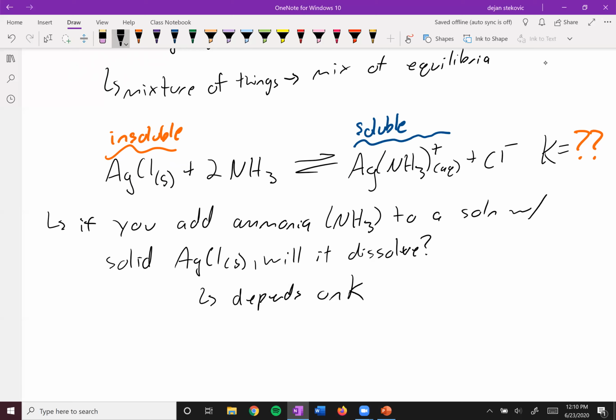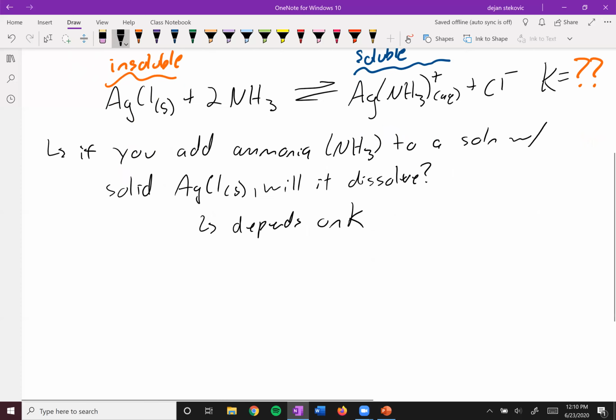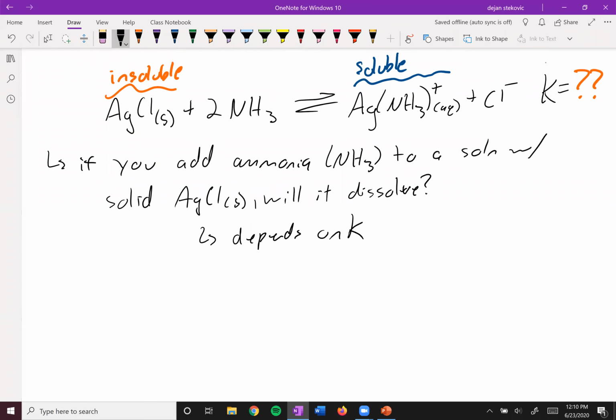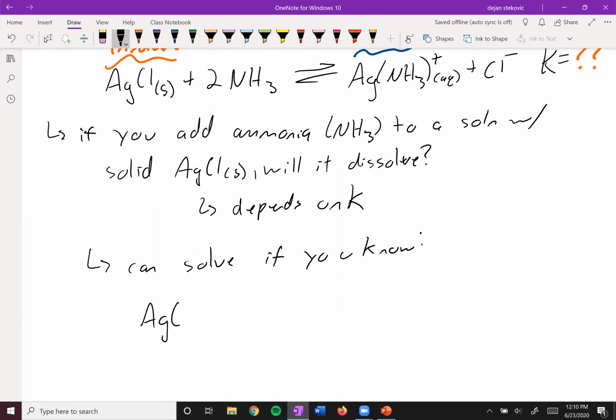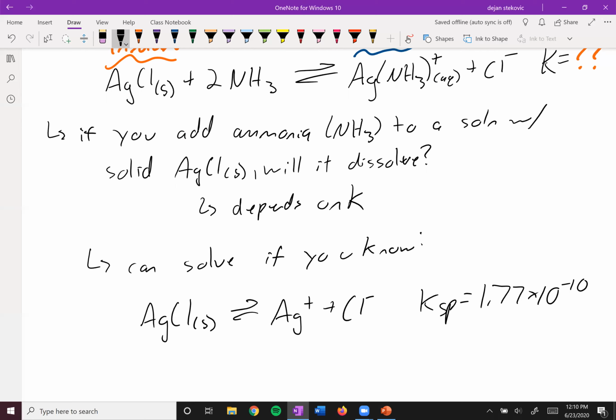If we have a large K, then it'll be in the forward direction, so it'll be soluble. If we have a small K, it'll be in the reverse direction. And so maybe you can solve this if you know some data. Here we have silver chloride dissolving into silver plus and chloride minus, and we know this Ksp value is 1.77 times 10 to the negative 10.